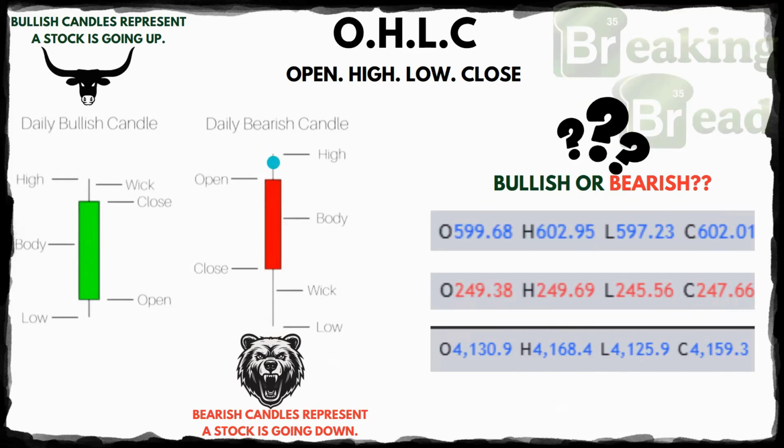We went to our highest point of 249.69 before sellers stepped in and pushed price lower, creating this body. We went to our lowest point of 245.56 before buyers stepped in and bought it up. And we closed at the bottom of the body at 247.66. So closing price lower than the opening price, then we should be heading to the downside.